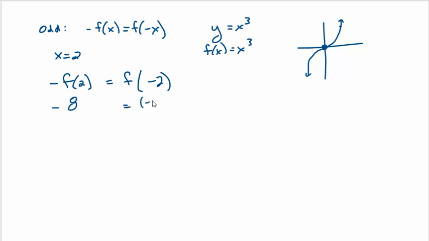In other words, negative 2 to the third power. That's negative 8. That's a characteristic of an odd function for any value of x. So for sine, if we have sine of negative x, that's exactly the same as the opposite of the sine of x. Actually, let's go to decimals and just look at that real quick.